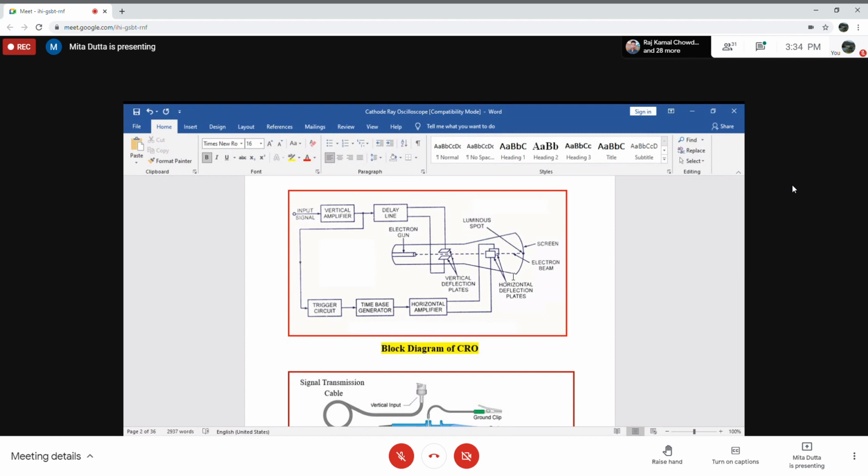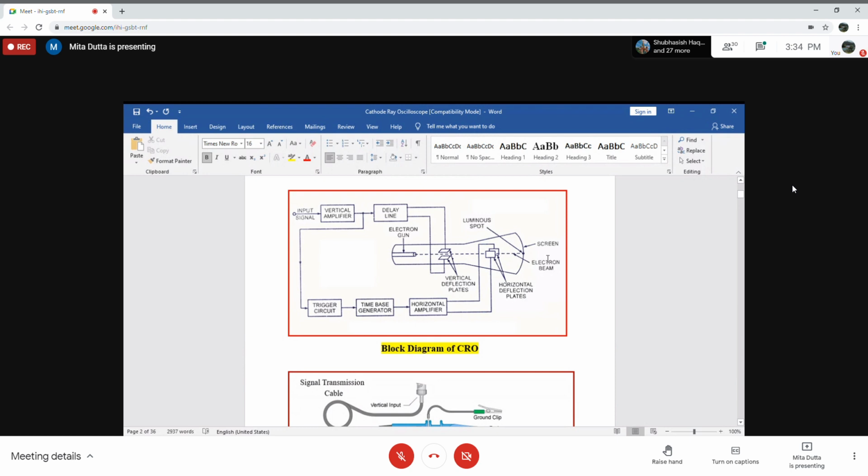So it is proportional to what component? Time. The time-base generator produces a voltage which is proportional to time. That is why, depending upon this voltage, the spot on the scope screen moves horizontally across the screen.